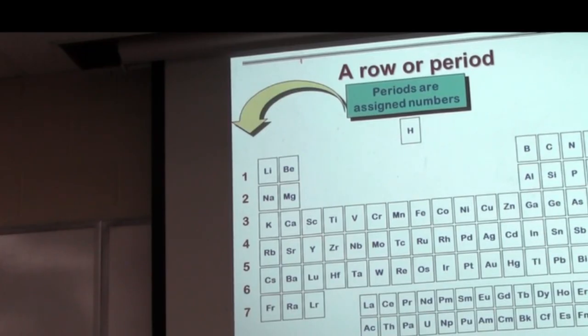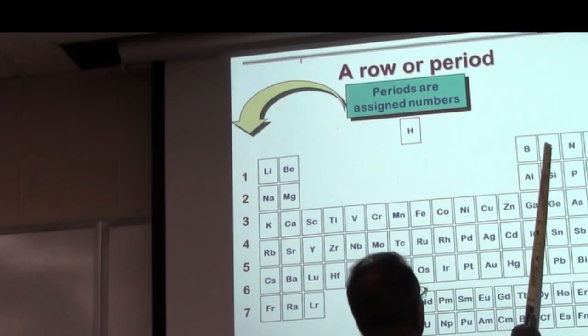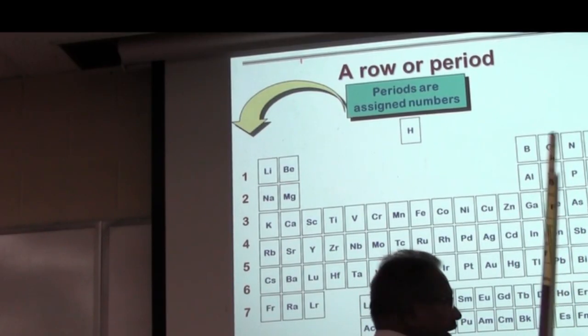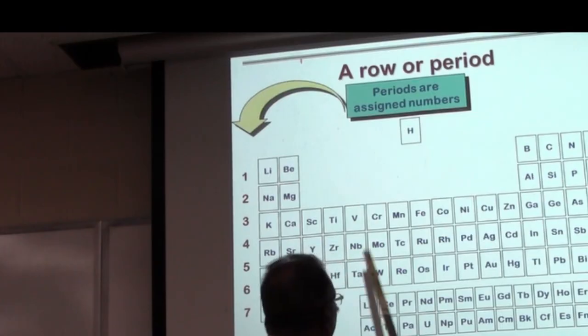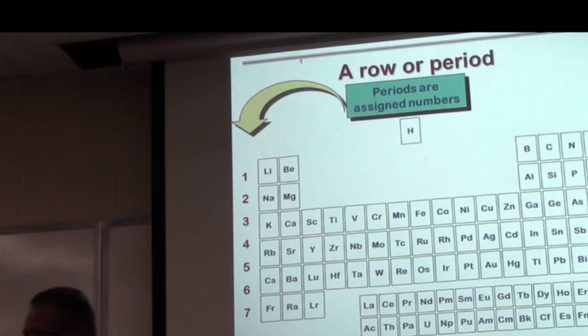You see that? Now you have to remember at least this is 1A, 2A, 3A, 4A, 5A, 6A, 7A, right? I'm not worried about transition metals, right? Just the other ones, all right? Main ones, all right?